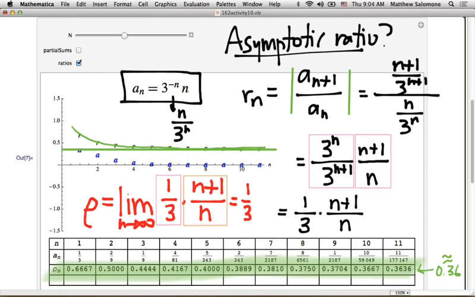Tends to 1. Everyone see why? L'Hopital, or perhaps just divide the numerator and denominator by n and take that limit. So the (n plus 1) over n piece is tending to 1. And so my limit, my asymptotic common ratio, is equal to 1/3.